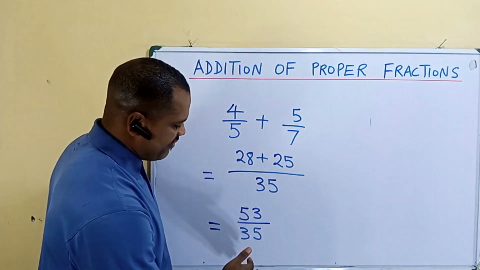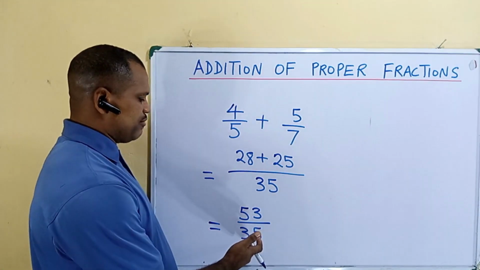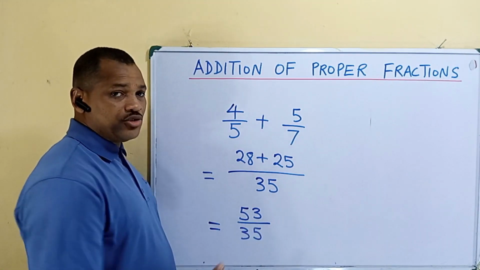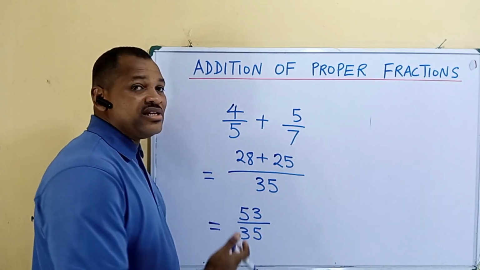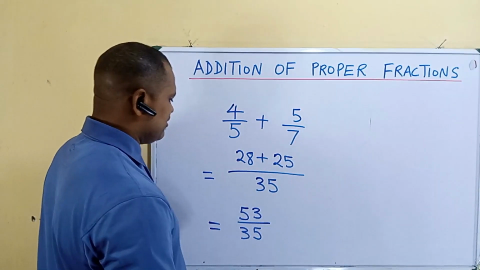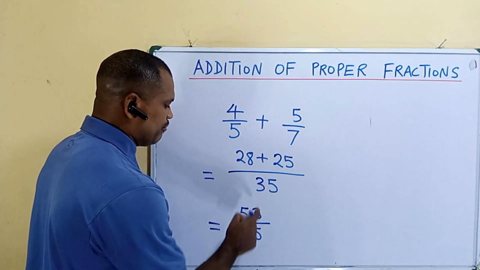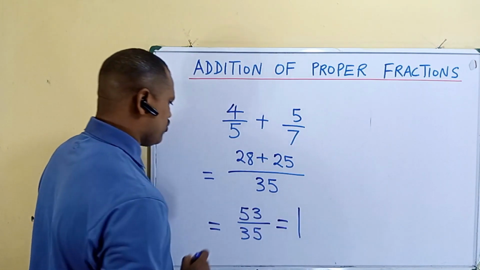Is there a common factor? No, but you cannot leave the answer like this because this is an improper fraction. That will be unfair to the 35. 35 is crying at the moment. So we have to help it. We have to divide it. So divide 53 by 35. How many times? Is 1. 1 times.